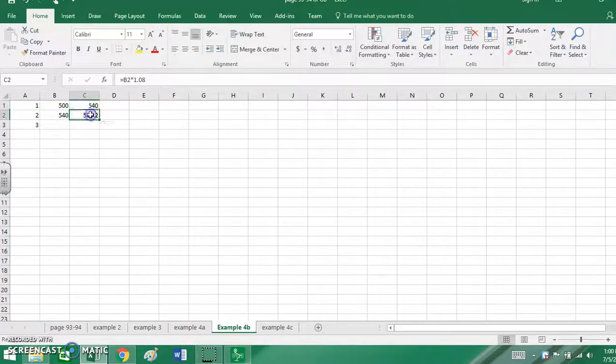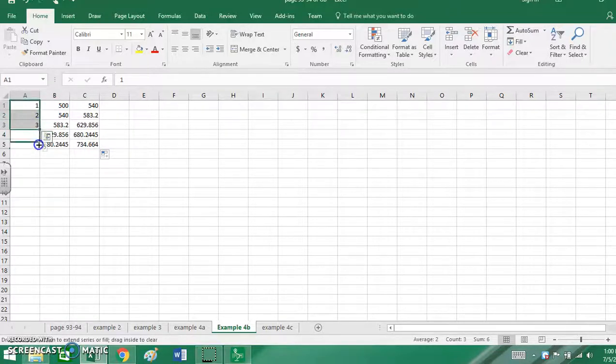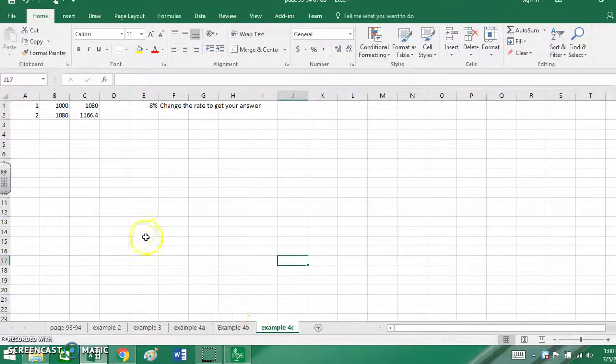If I had a different value there for the 583, let's say that I drag this down a few more, and I drag this down a little bit. So let's say I was looking for $734, the answer would be 5.